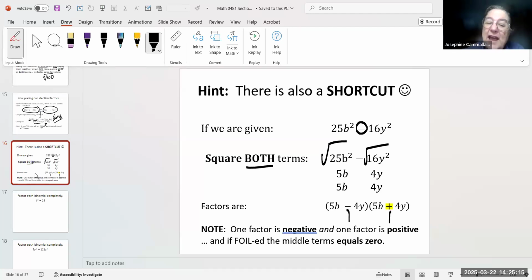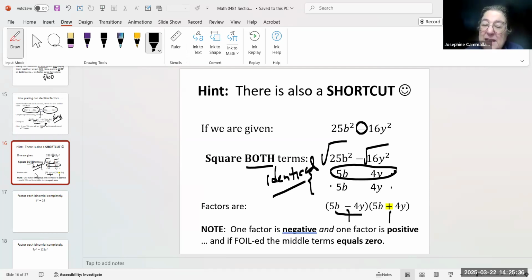This will give me 5b, 4y, 4y. Notice they are identical. Well, then we just follow the pattern. We take these two and put it in the first parentheses, and then we take the last two.